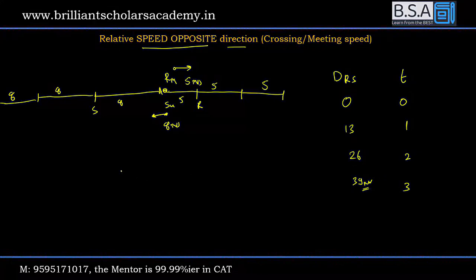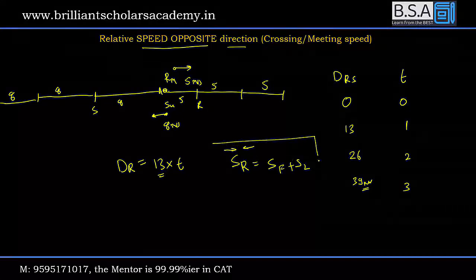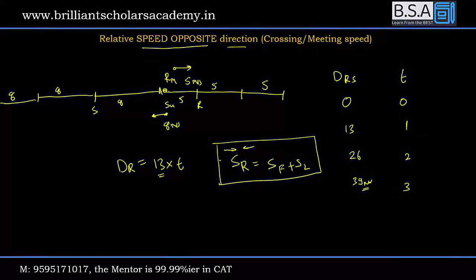So what I notice here is the gap between them is 13 times the time. What is this 13? This is called relative speed, the effective speed. Because people are going in opposite direction, we say faster plus slower. Speed gets added. In opposite direction, speed is increased.